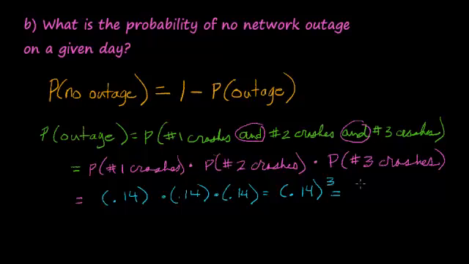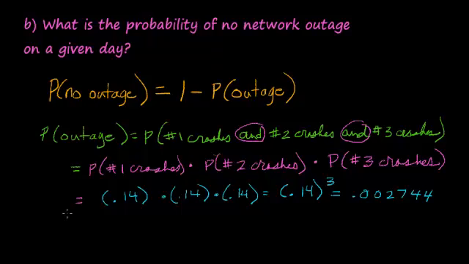And that calculation yields 0.002744. But this is not the number we're looking for, not the probability of an outage, but we want to know what's the probability that we don't have an outage on any given day. So that's our next step.